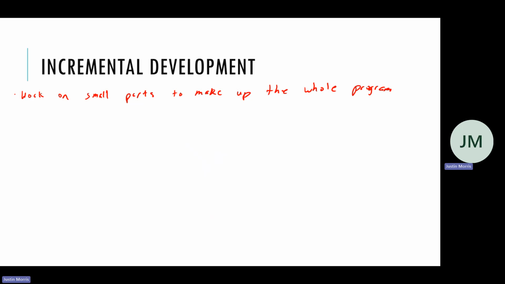So if we were working on small parts to make up the whole program, what do we think maybe the first step would be if you're given a function to make, like the homework? What should you start doing? Variables.